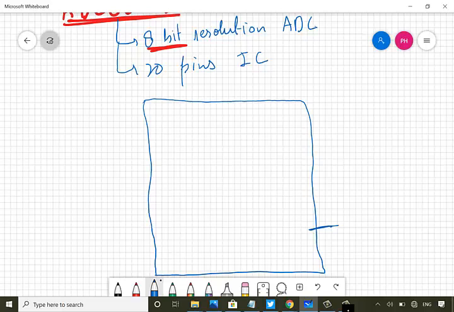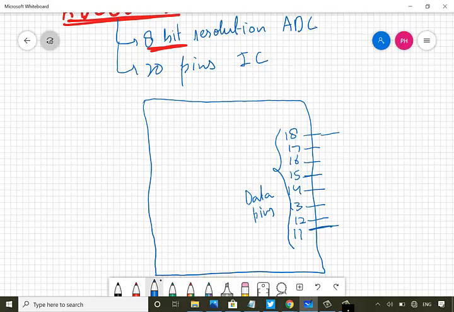So pin numbers 11, 12, 13, 14, 15, 16, 17, 18, 8 pins, they are the data pins, and they are usually fed to the microcontroller. Output data, digital output data.